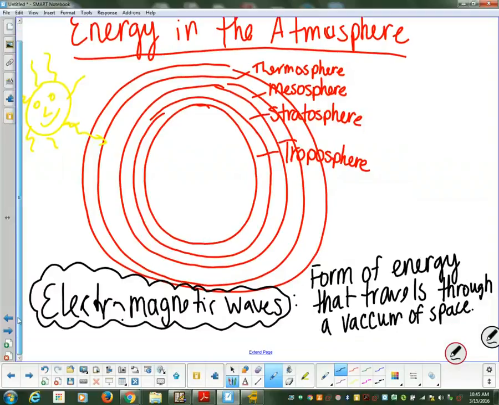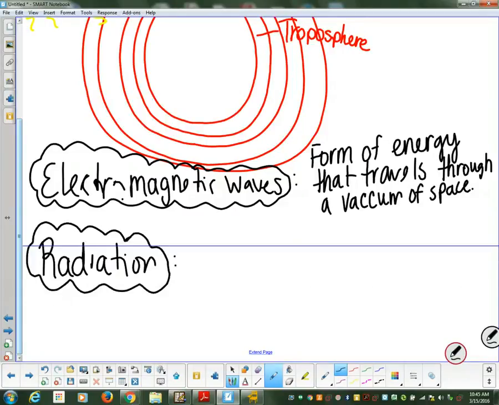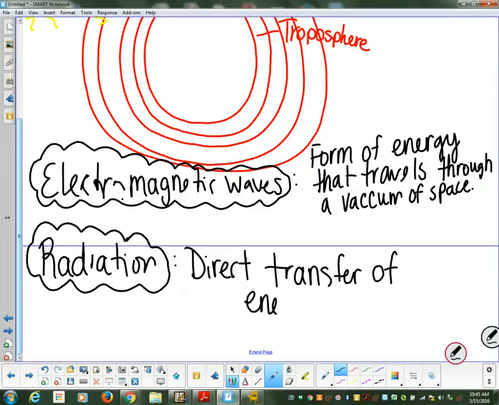All right? The other term that we need to experience is radiation. Okay? Radiation is the idea of a direct transfer of energy. So when you were doing the lab, the sand in the water, a lot of you were able to feel right underneath the light.